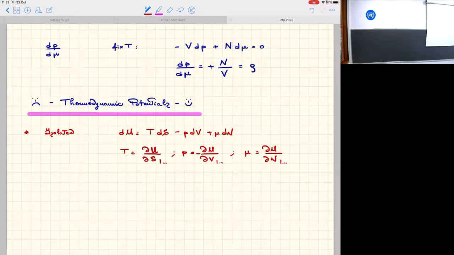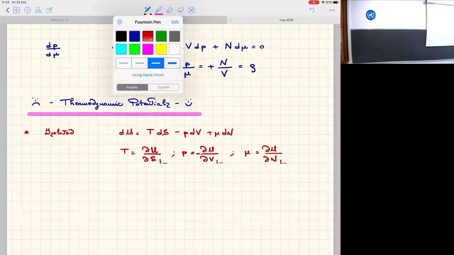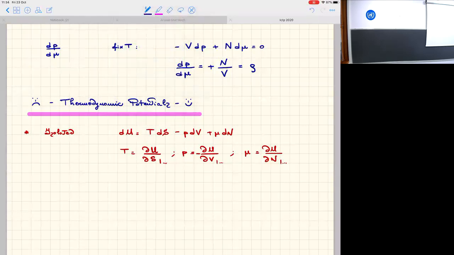All right, so now, why is all of this useful? Because from the second principle of thermodynamics, I know that if I have a transformation that is not reversible, then, well, the first principle of thermodynamics is always valid, right?